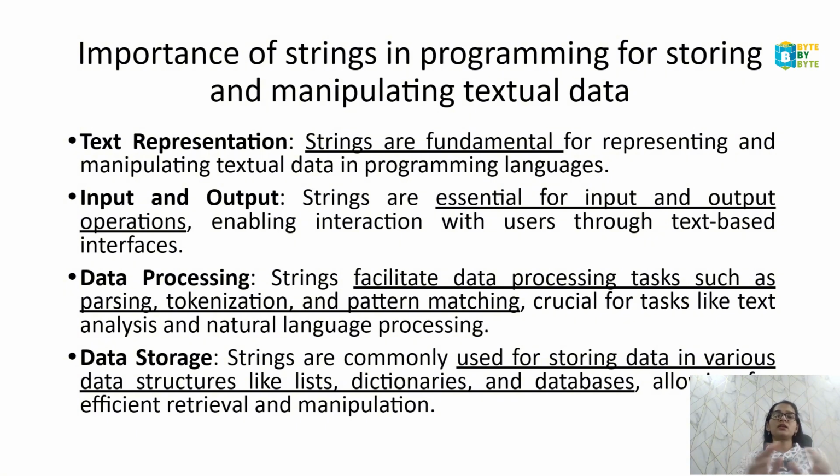There also you type whatever you want and you get the generated text. So the input is text only and the output you get is in textual format only. Strings are fundamental for representing as well as manipulating textual data in programming languages.